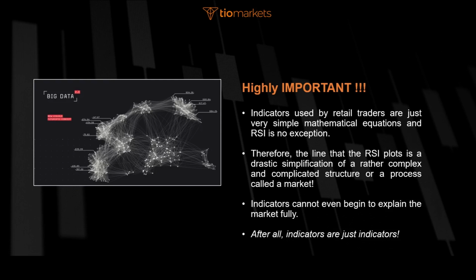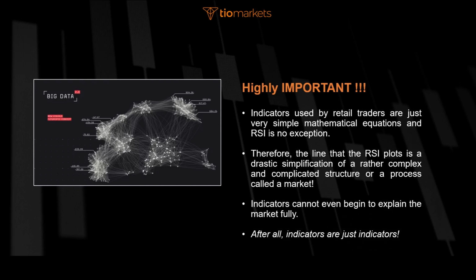It's a simple mathematical equation, and it plots a line or set of lines on our charts. And in this regard, RSI is no exception. So we shouldn't expect that the simple line that RSI plots could be a good explanation of what the market really is doing. We need to give the context, we need to give the indicator its meaning by applying it correctly. If you apply it wrongly, it just causes you to lose money.